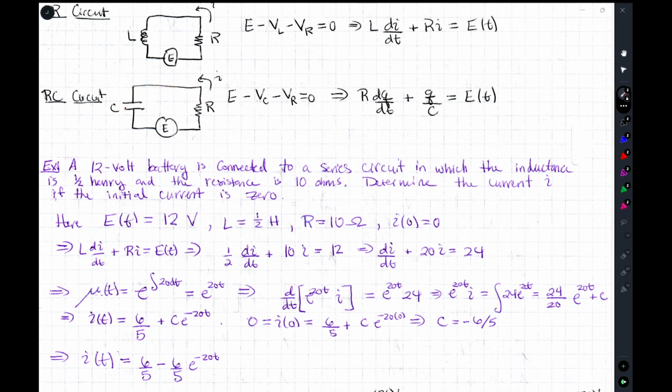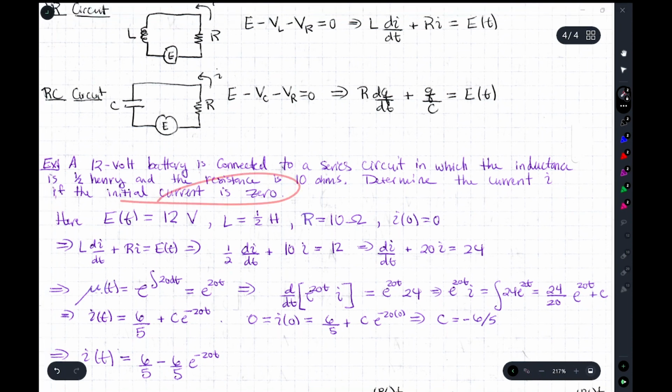E of t is 12 volts. The inductance, which is measured in henries, is 1/2 Henry, so 0.5 Henry. And the resistance is measured in ohms, and the resistor is 10 ohms. Determine the current I if the initial current is 0.